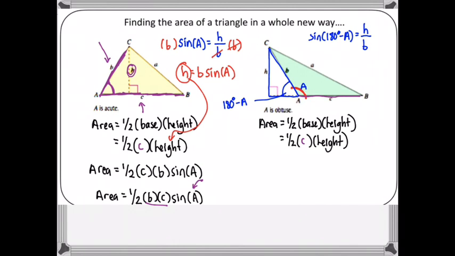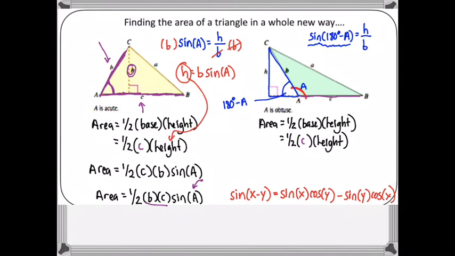Now, going back to the one on the right-hand side, we're going to look at this part right here, because we got 180 minus A, and it's like, uh-oh, what does that equal? Going back to our trigonometric identities, let's see how to simplify that 180 minus A so we can move on.